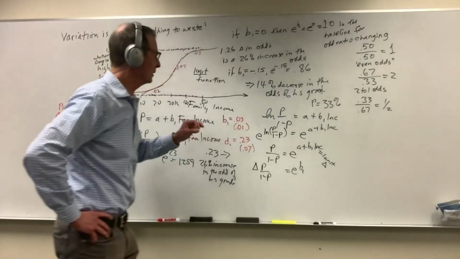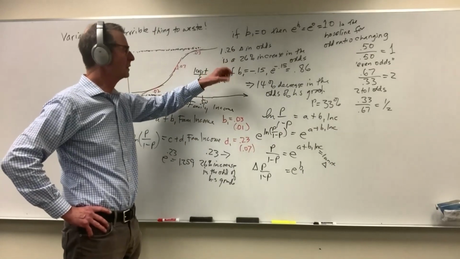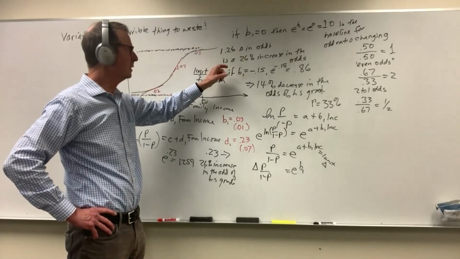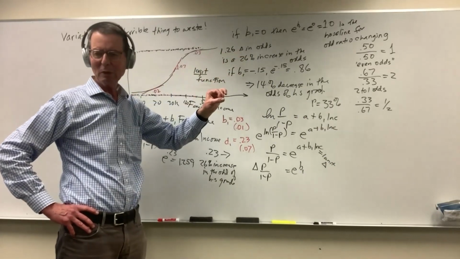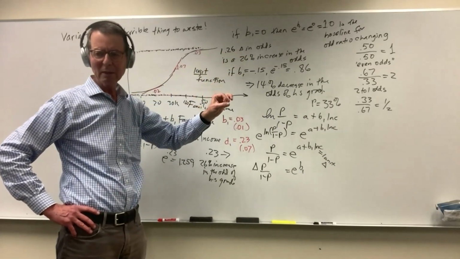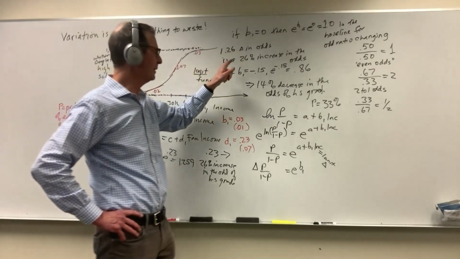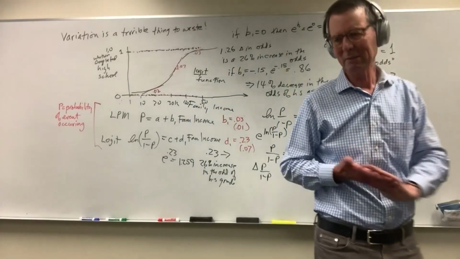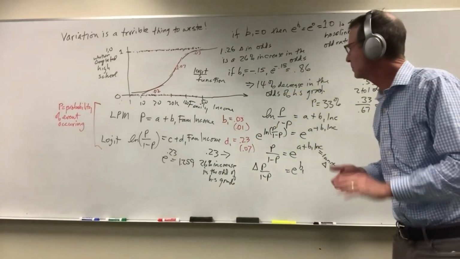So you're getting a 0.26 difference between 1.26 and 1, but you can't interpret that 0.26 as a change in the probability because it's a percent change in the odds. Okay, I see what you're saying. I told you this is going to be annoying, and it is.